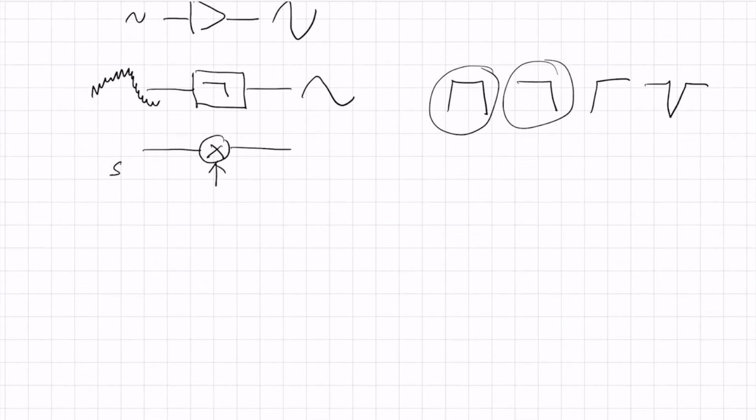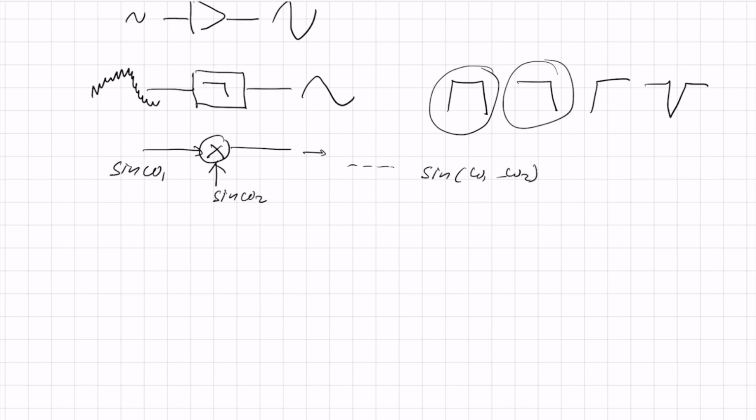So we have here a sinus of omega 1, and we have here a sinus of omega 2. And then if you multiply those two, you get some outputs, but there's also the output of sinus omega 1 minus omega 2. So you get the difference in frequency out.